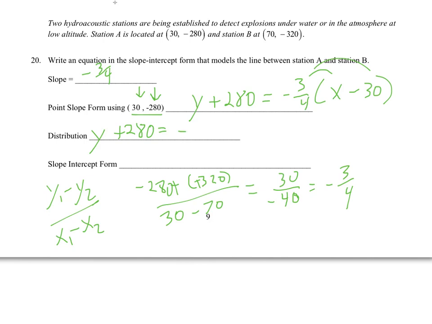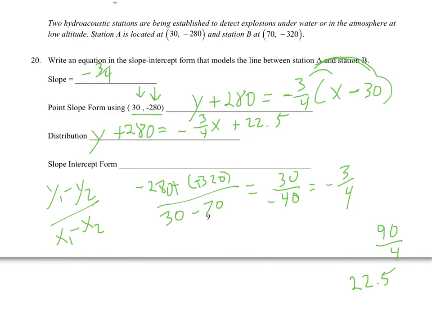So I end up with negative 3/4 x, and negative 3/4 times negative 30 would be positive 90 over 4, which would simplify to 22 1/2. We'll say 22.5, which again, a negative times a negative is positive, so plus 22.5.